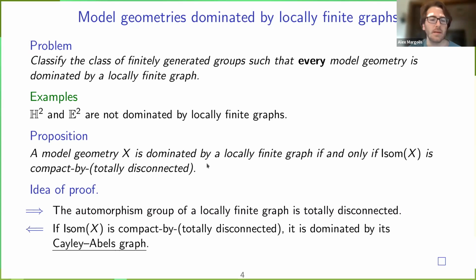And the other direction, which is a little bit harder, but still not too hard: if the full isometry group is compact-by-totally-disconnected, then there's always a way of producing a locally finite graph, namely the Cayley-Abels graph, as it's called, of Isom X, which dominates X. So if you have this topological property of the isometry group, then you're dominated by a locally finite graph. So this gives a powerful criterion for telling whether or not you are dominated by a locally finite graph.